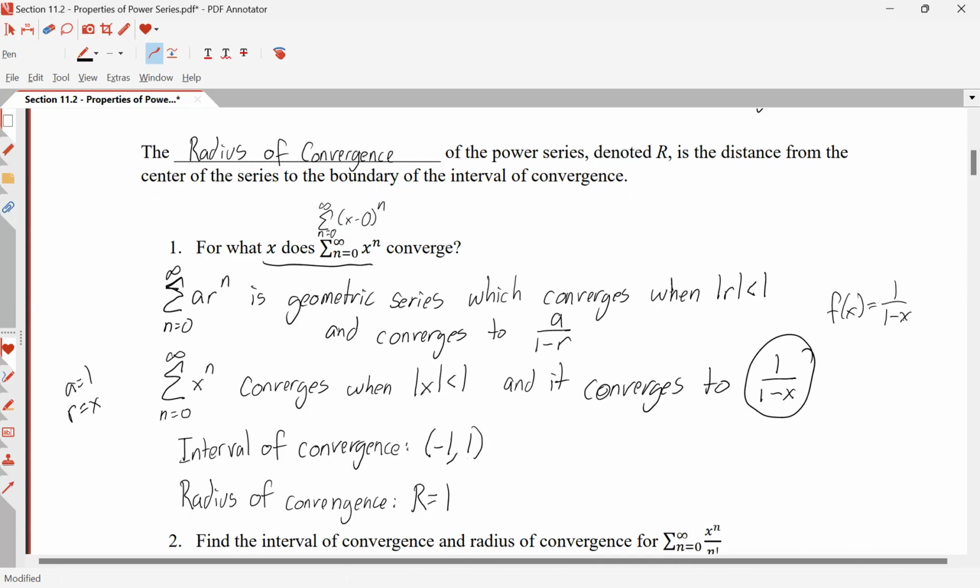But for right now, this tells us that the series n equals 0 to infinity of x to the n converges to the function 1 over 1 minus x for the absolute value of x being less than 1.